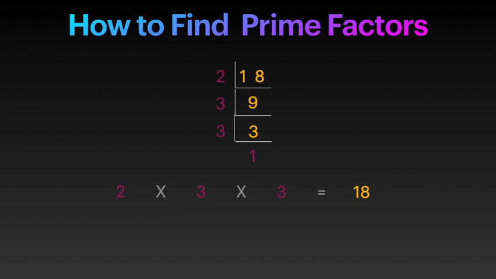As you can understand, there are 3 3's inside the 9. Our next step is to write down divisor 3 in front of 9, and quotient 3 below the 9.